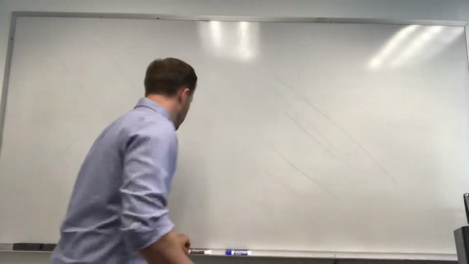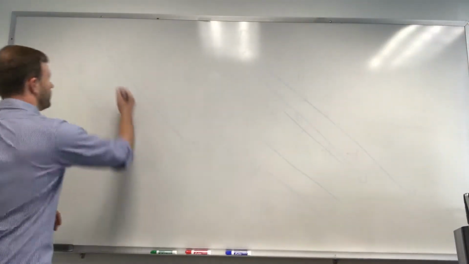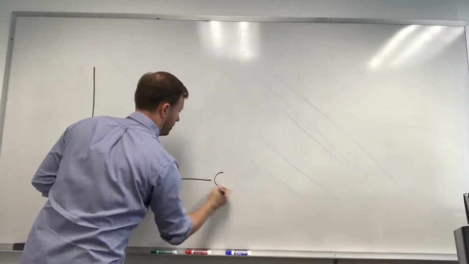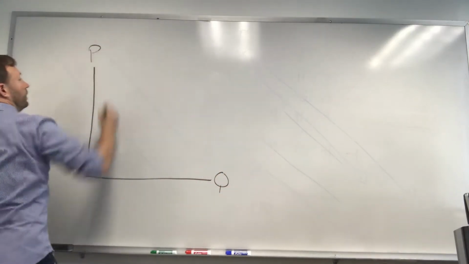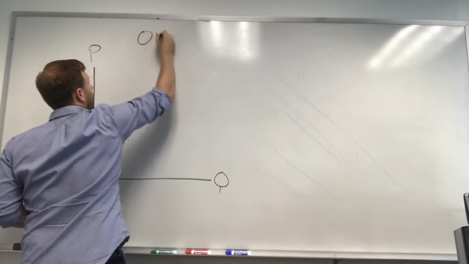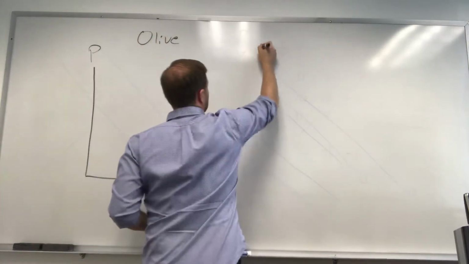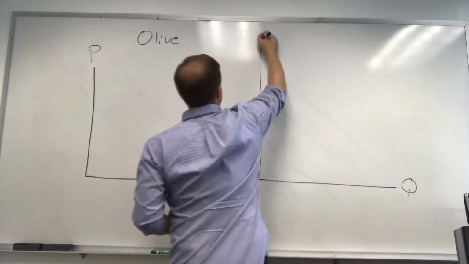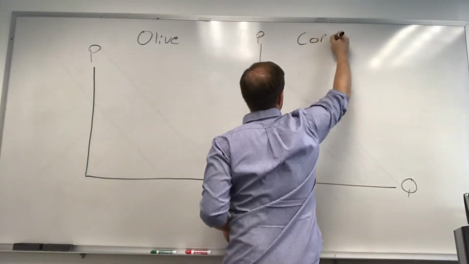When the price of olive oil goes up, what probably happens to the demand for corn oil? All right, well, let's start by drawing our demand curves for those 2 markets. We're going to have olive oil here, corn oil here.